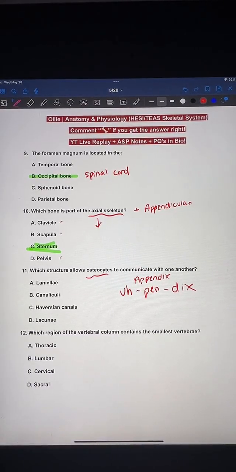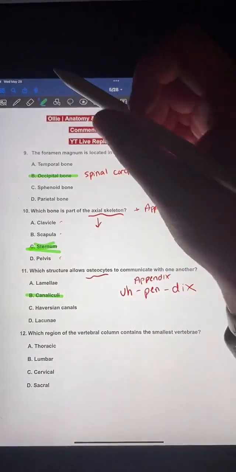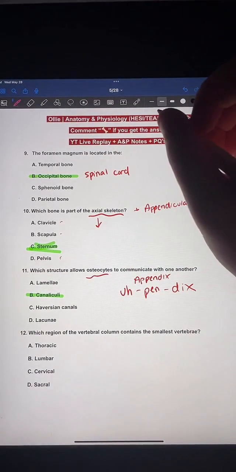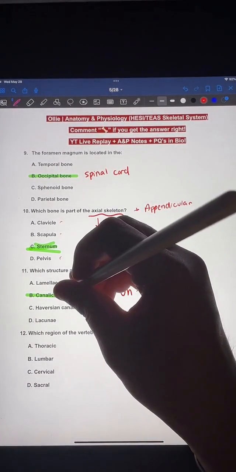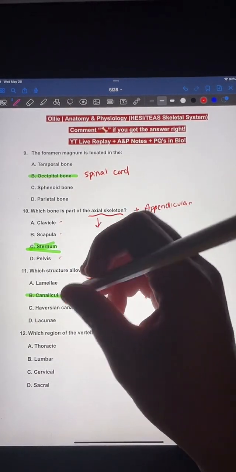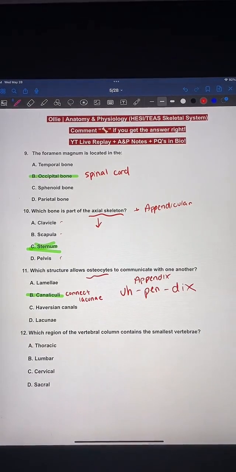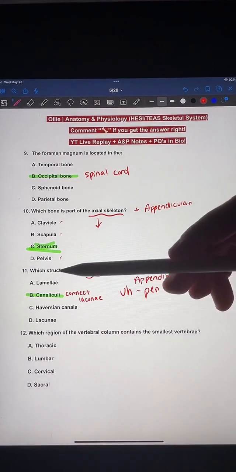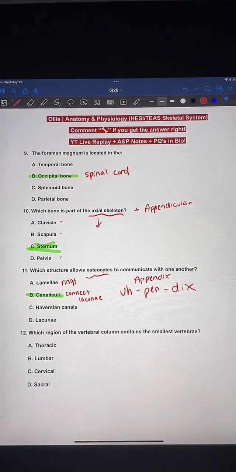Number 11, the answer is B. The canaliculi are the tiny channels that connect our lacunae for nutrients, waste exchange, and communication. Lamellae are the rings of the matrix, not for communication.